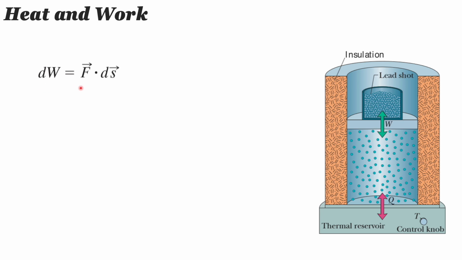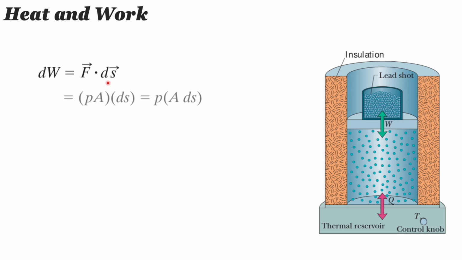So the small work done during the small displacement of this piston ds is represented as dW. This is the work done during which the force remained constant, with a very small portion of it. So the work done can be represented by F dot ds.